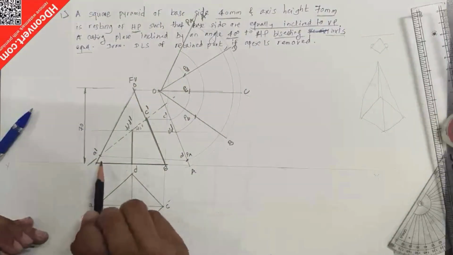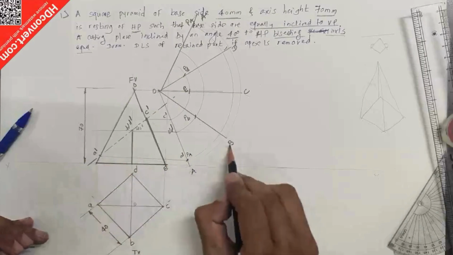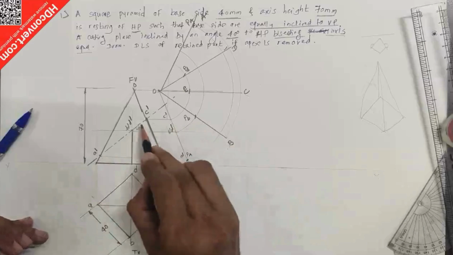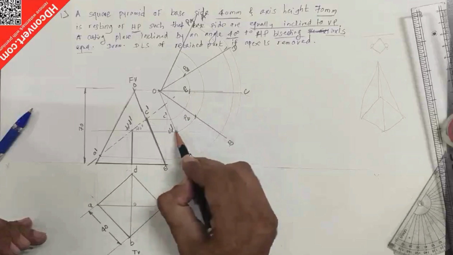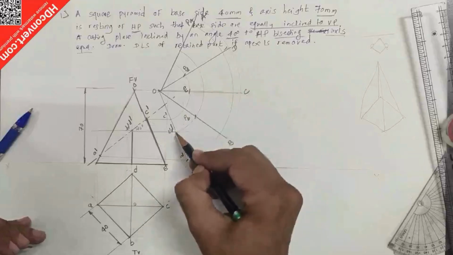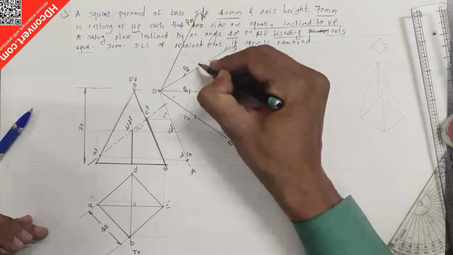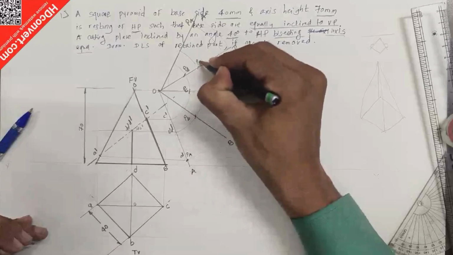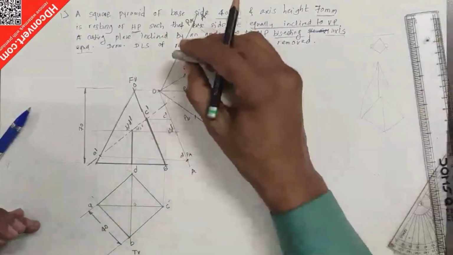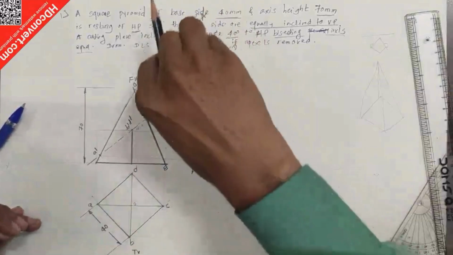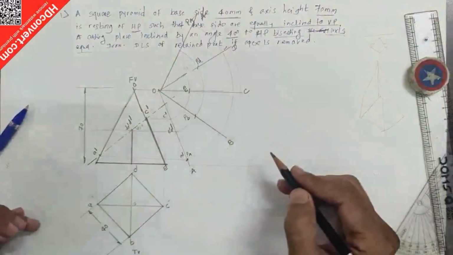Once again, this is PA, then PB, then PC, then D. D is also here and D is also here. PD, because B and D are on the same point. So I'll get all the points.